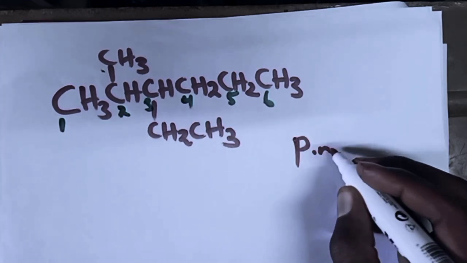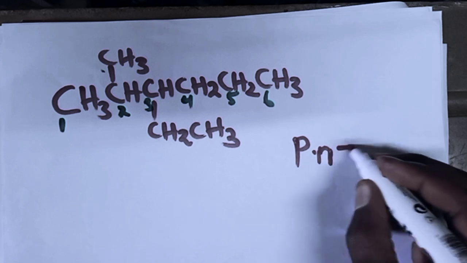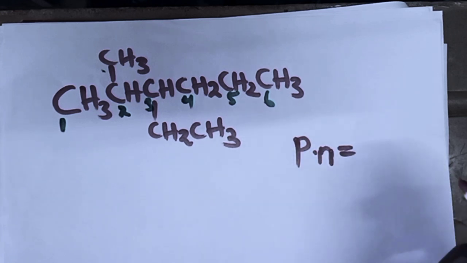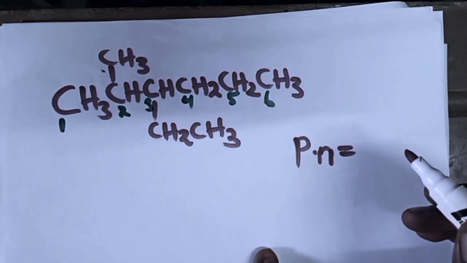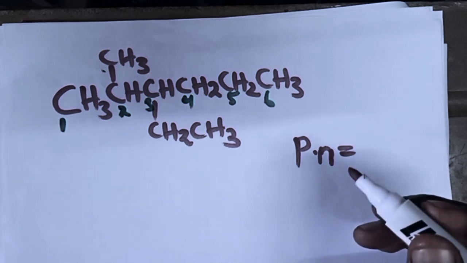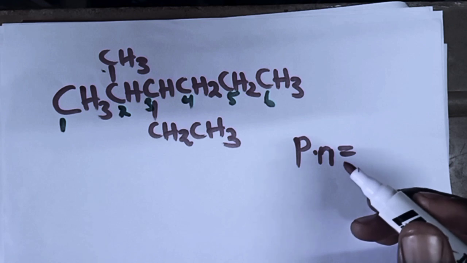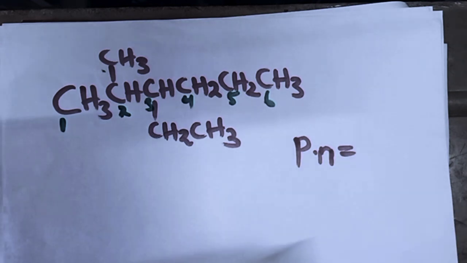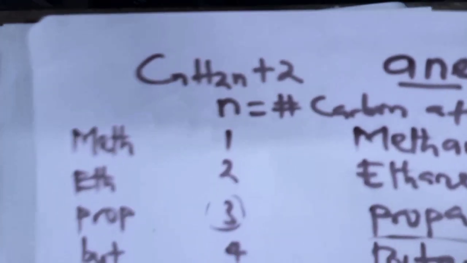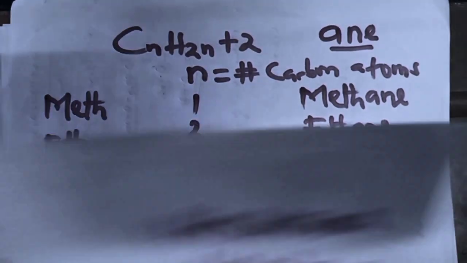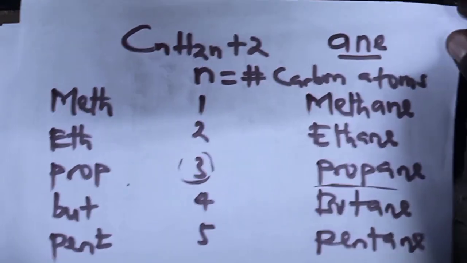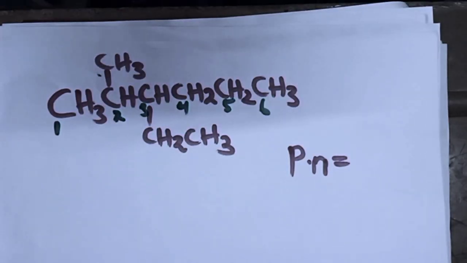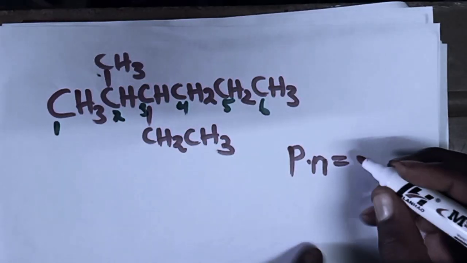The longest chain has 6 carbons, meaning any alkane with 6 carbons. If you remember very well when we started naming them, how do we call an alkane with 6 carbons? It is hexane. So the parent name is hexane.